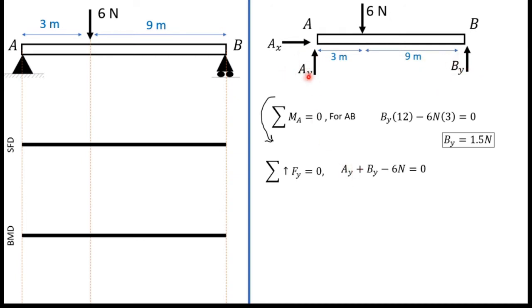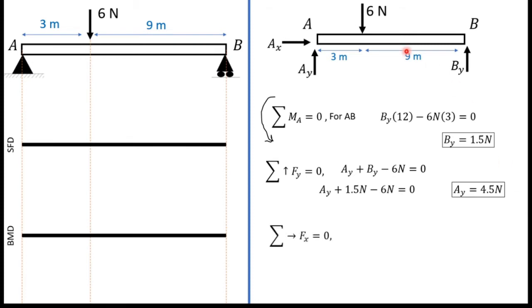I put plus AY because I consider the upward direction, and also plus BY because it is upward, and minus 6 Newton because the 6 Newton is directed downward. Now I can substitute the value for By, 1.5 Newton. Then I can simplify this and get the answer as Ay equals 4.5 Newton.